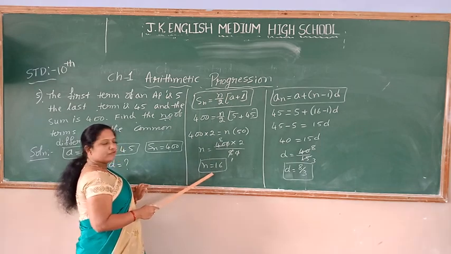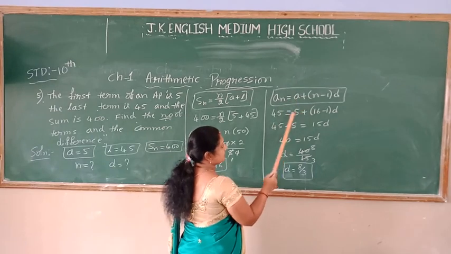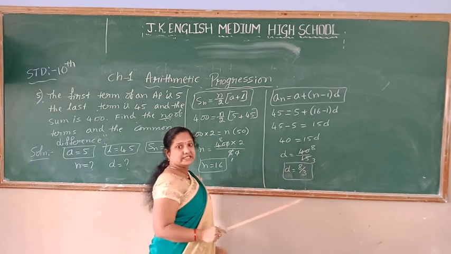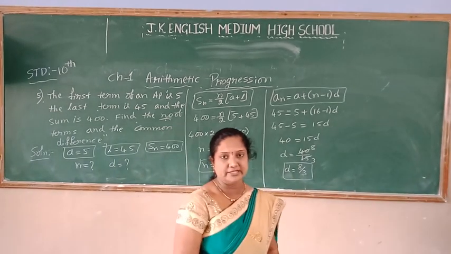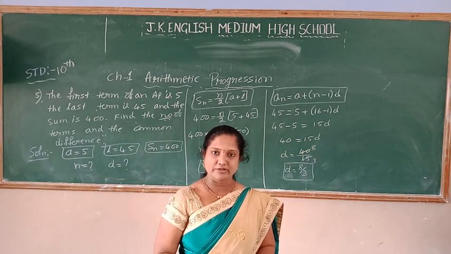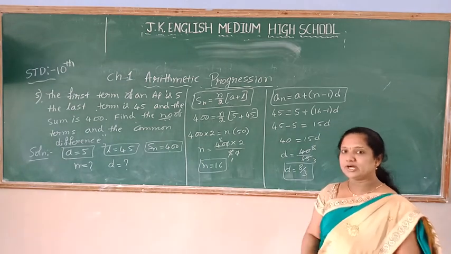After finding n, I find the d value. So write the formula l is equal to a plus (n minus 1) into d, substitute the values and simplify to get d is equal to 8 by 3. They told us to find the common difference and the number of terms, so I got the values of n and d. Write down, children, copy down in your notebook.